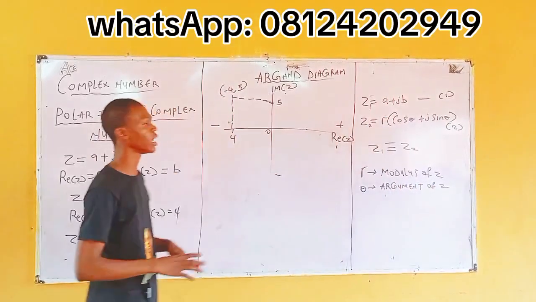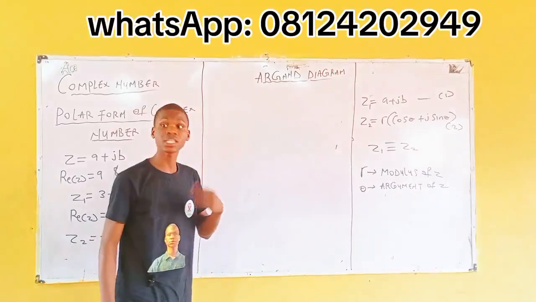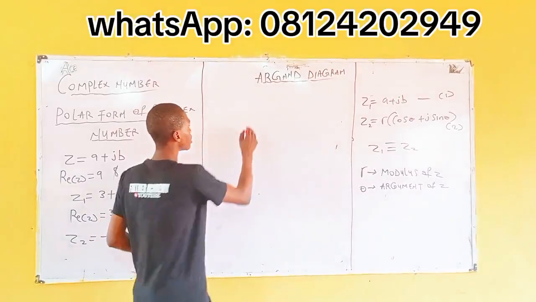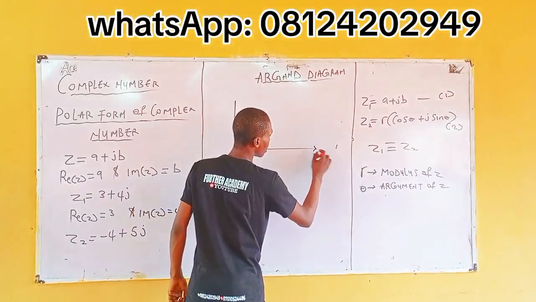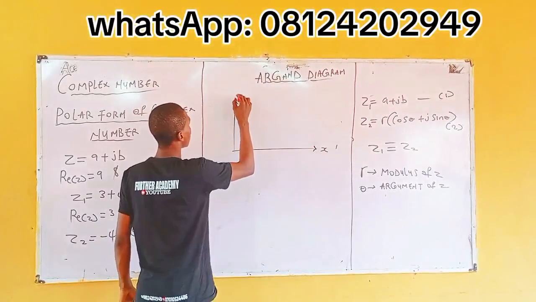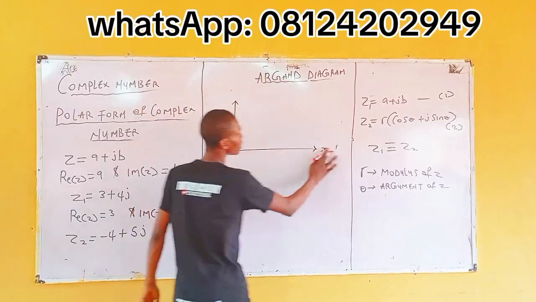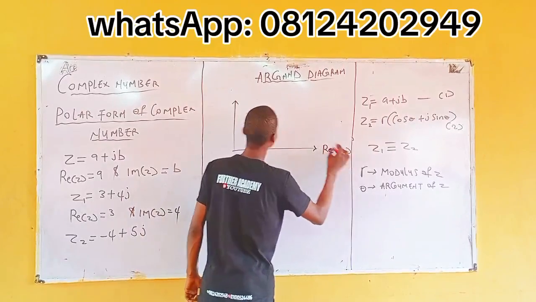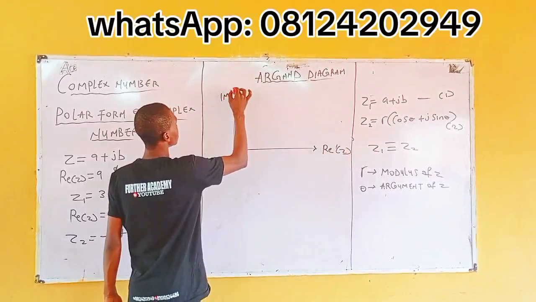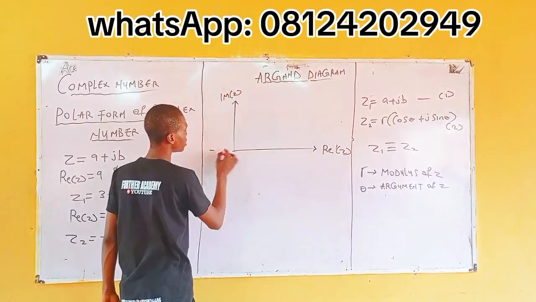So let's see how it works. We are still using the Argand diagram. So in this case, you have this as your x-axis, and this is your... okay, don't let me say x-axis now. This is your real axis of z, and this is the imaginary axis of z.